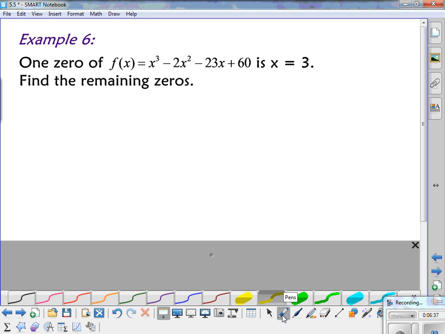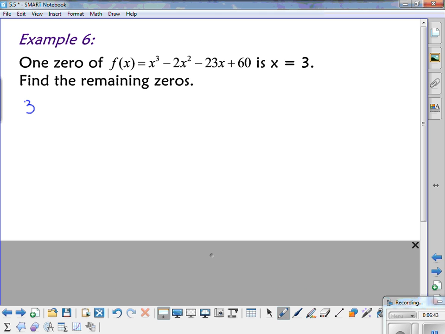Okay? All right, so if x equals 3 is one of my zeros, I'll put the 3 on the outside. And then I put my coefficients in here, so 1, negative 2, negative 23, and 60. So 3 times 1 is 3.